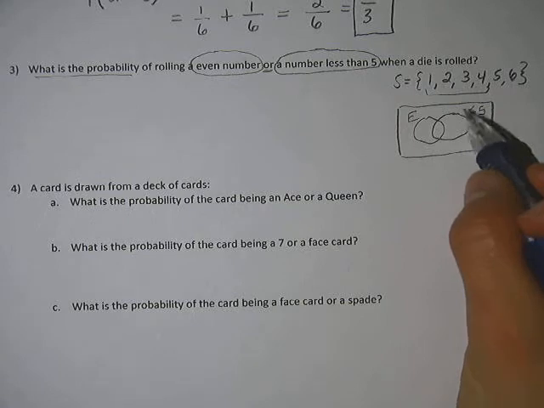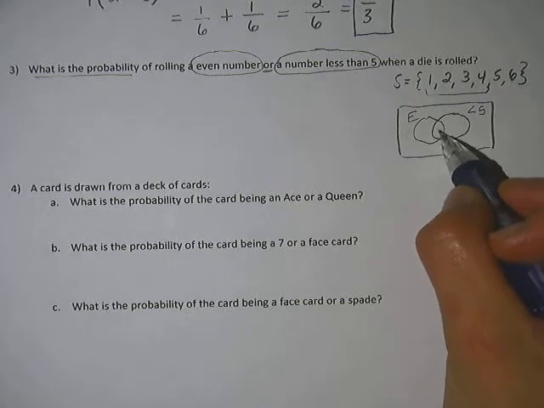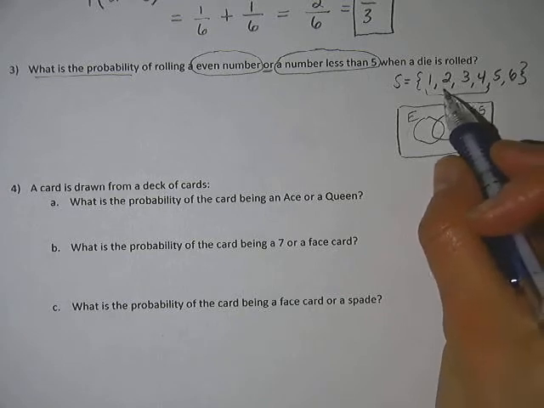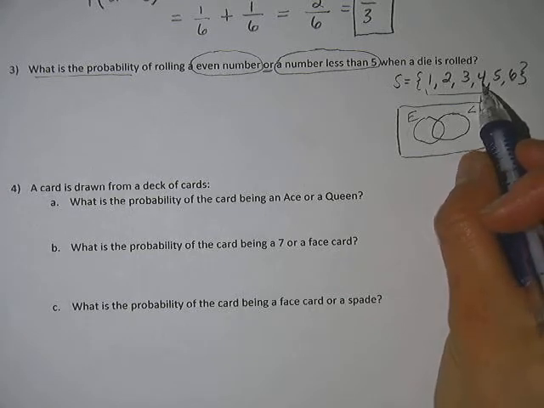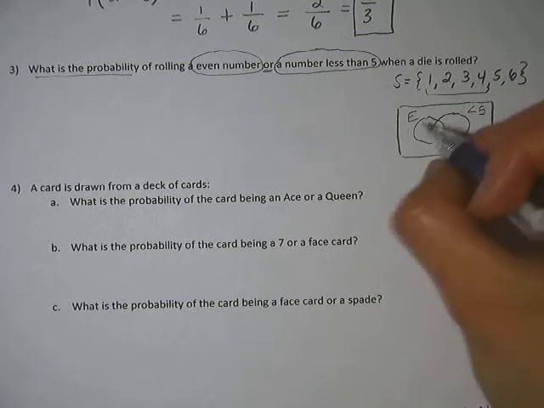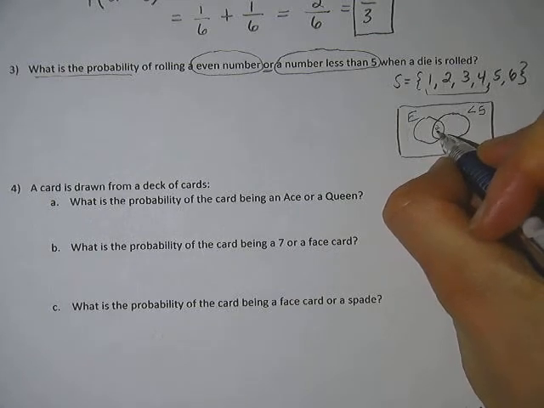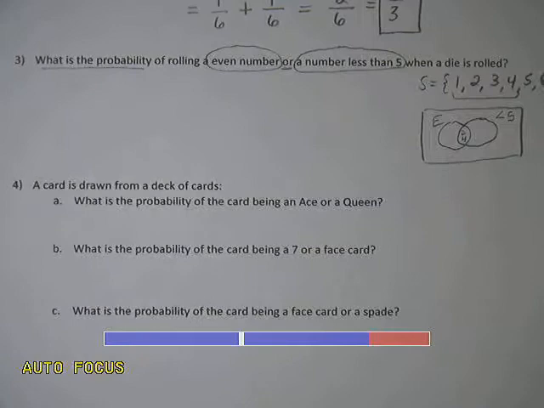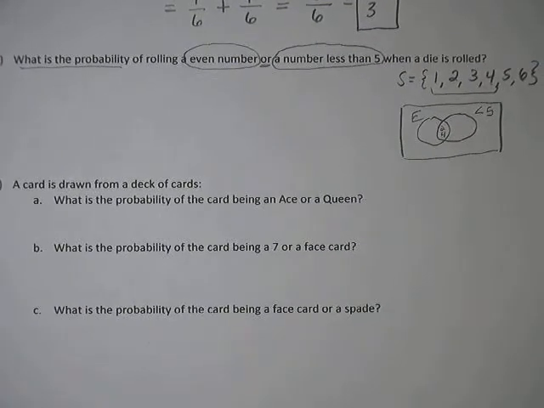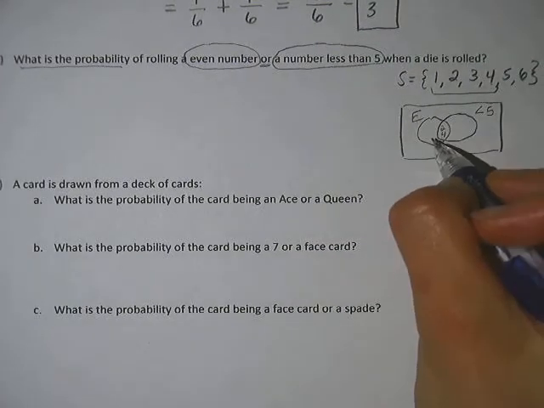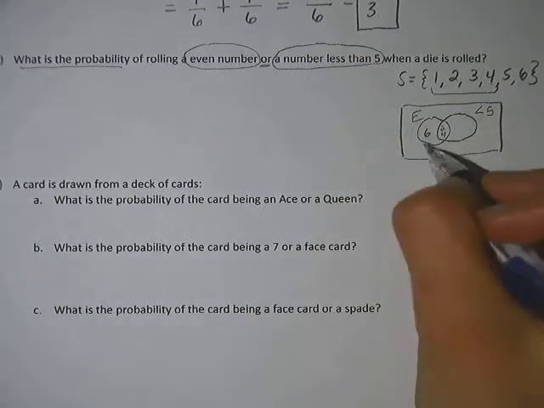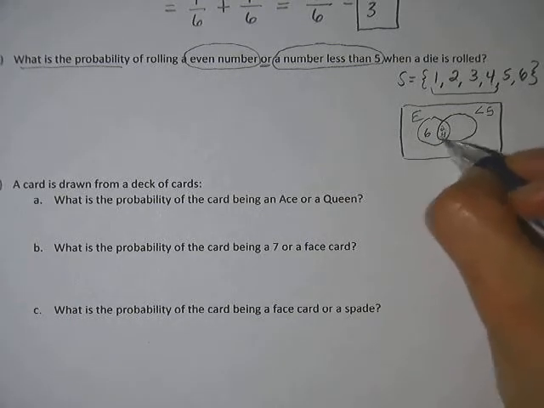So is there any of those where they would fall into this region? And yes, 2 and 4 are both even and less than 5. So those two would fall in this little overlapping part here, okay, because those two can happen at the same time. And then if we wanted to finish our Venn diagram, the other even number that we have is 6, and that's not falling into the overlapping category.